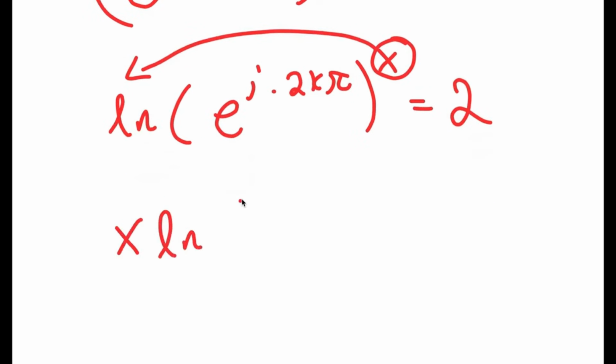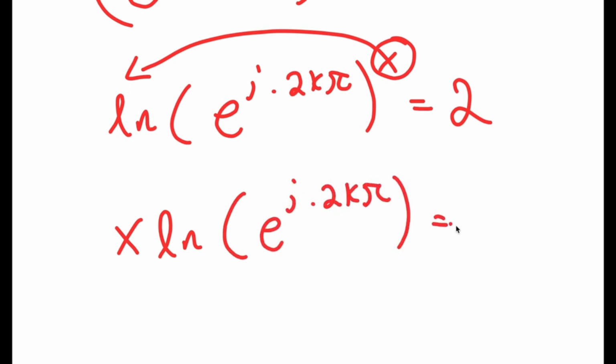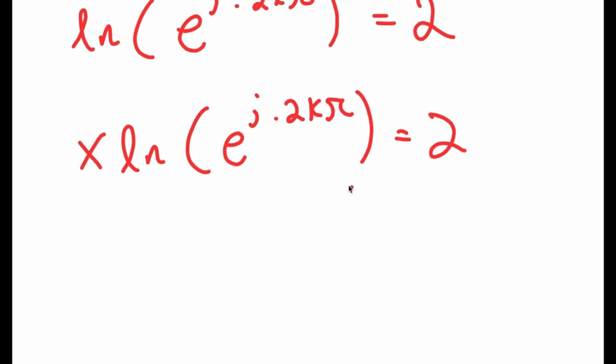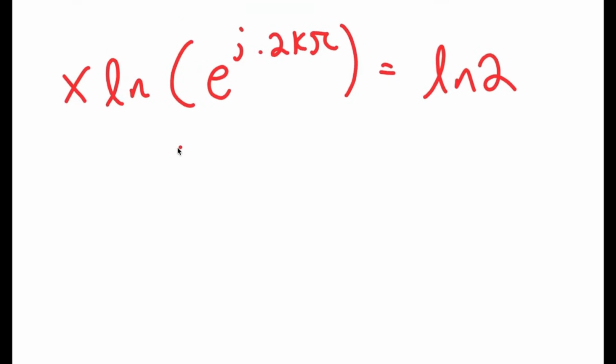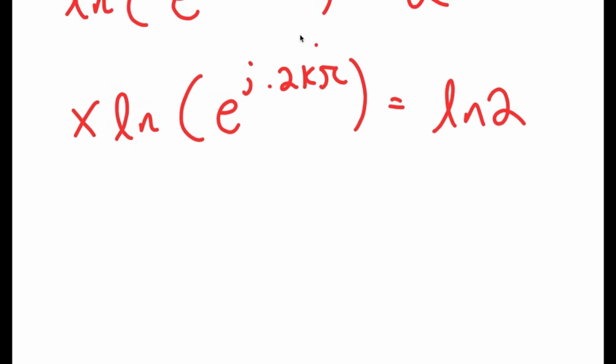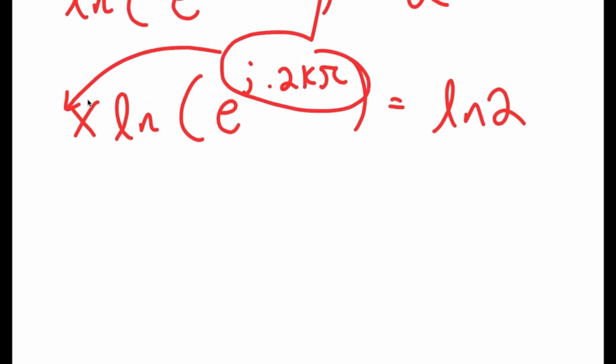So I get x times ln e to the power of i times 2k pi is equal to ln of 2. Because if you take ln on one side, you have to do the other side. And now I can also move i times 2k pi to the front.